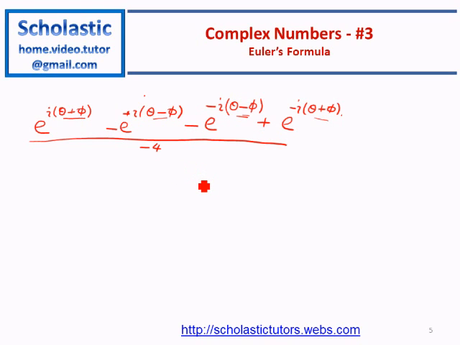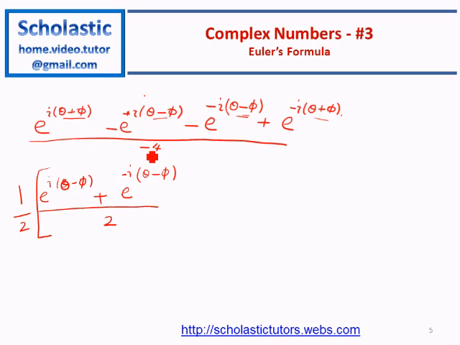So what you do here is you take e to the i theta minus phi, first one, plus, this will become plus because this negative will make this one positive. So e to the negative i theta minus phi, divided by 2, and then take another 2 outside here because there is 4 underneath, so this 4 will come positive when you multiply with the negative sign here.